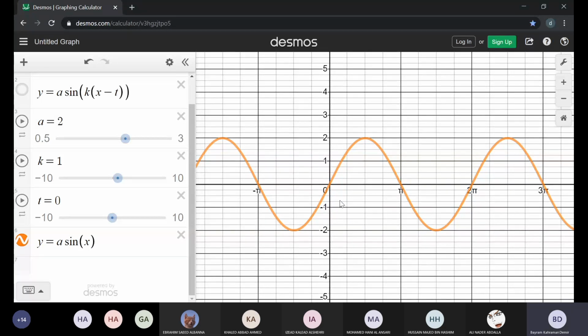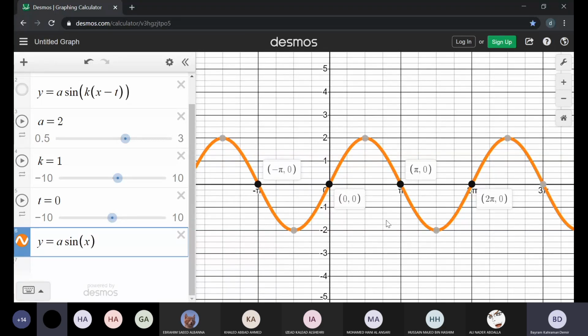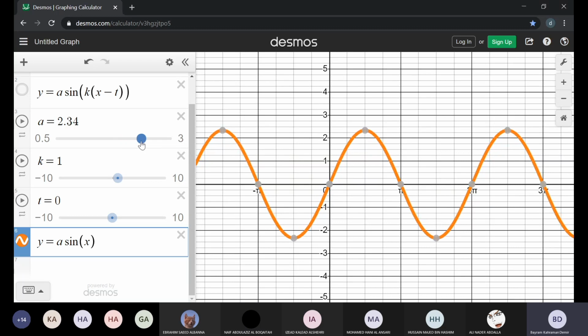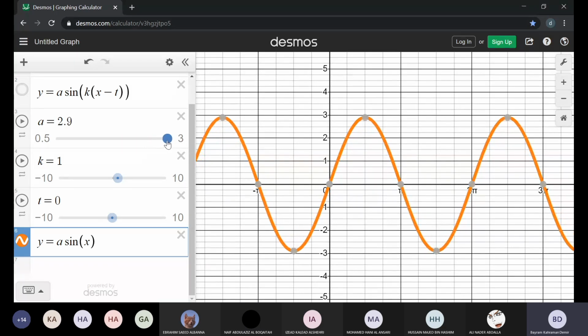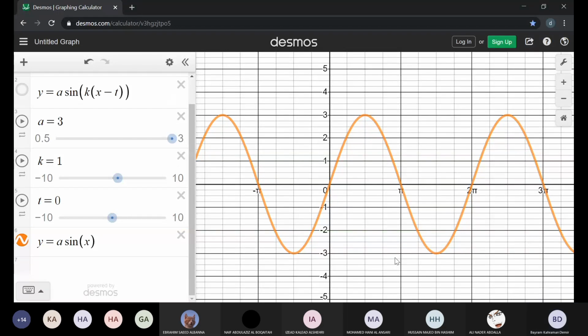These x-intercept points are always the same. They're not changing, and the y values are changing. So let me just increase more and more. You see now, what is the range, Shabab? -3 to 3. Exactly. All right.